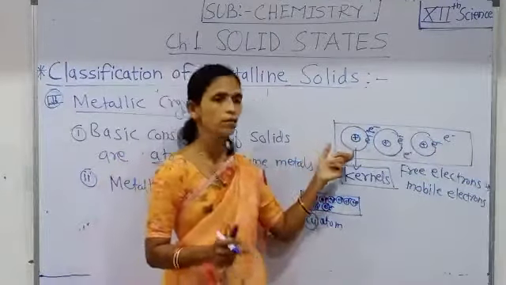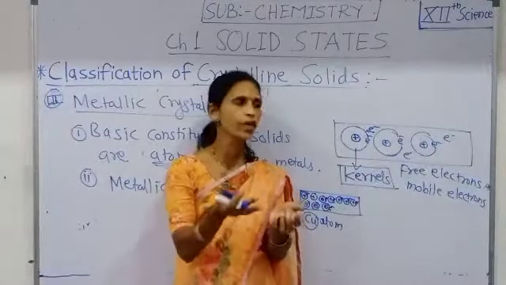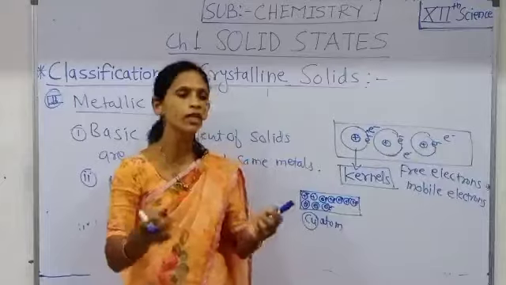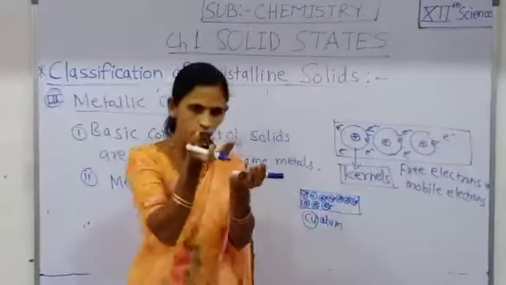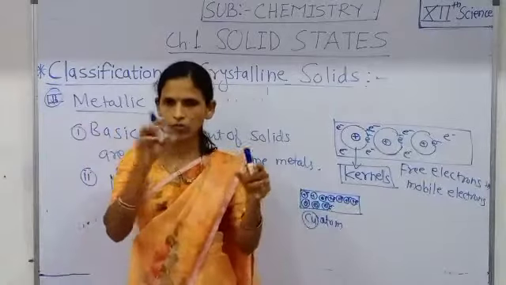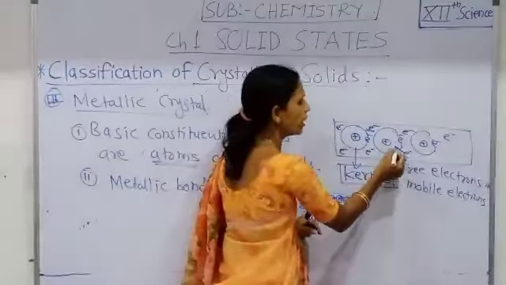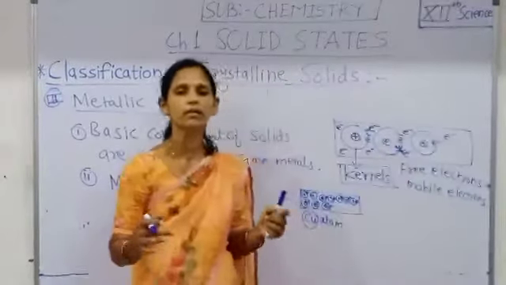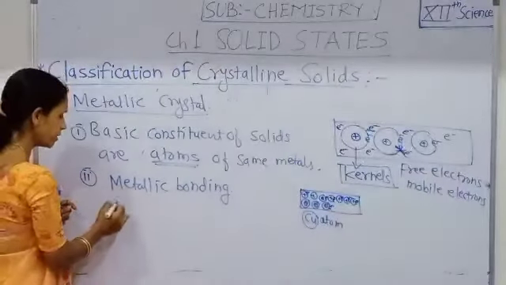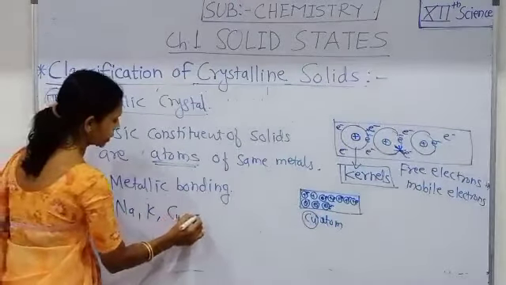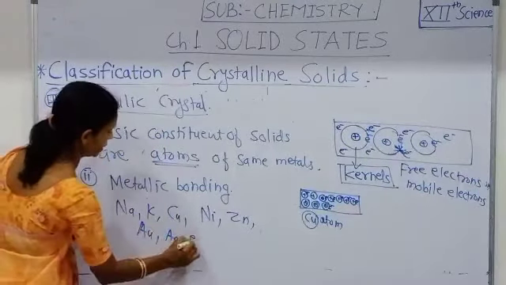In a metallic crystal, the positively charged metal ions float in a sea of mobile electrons, and the bonding between the mobile electrons and the kernels is called a metallic bond. This type of bond is present in all metals, that is sodium, potassium, copper, nickel, zinc, Au, Ag, etc.